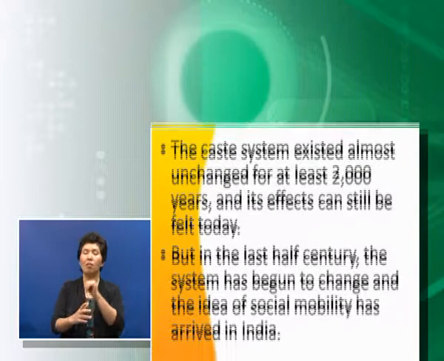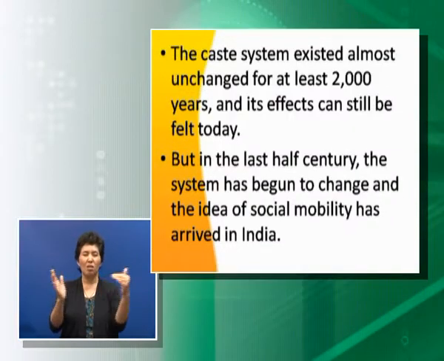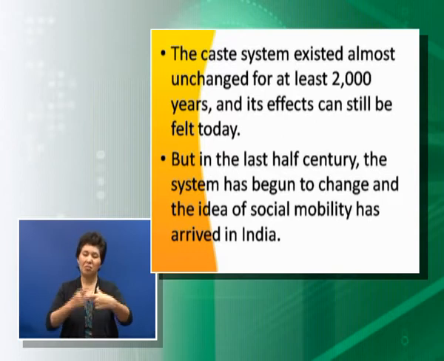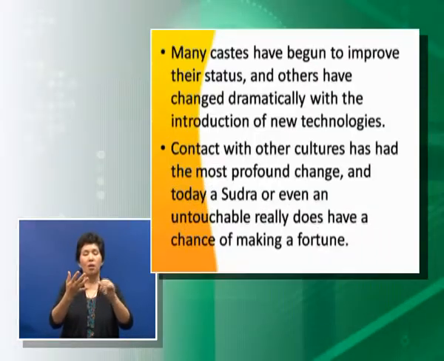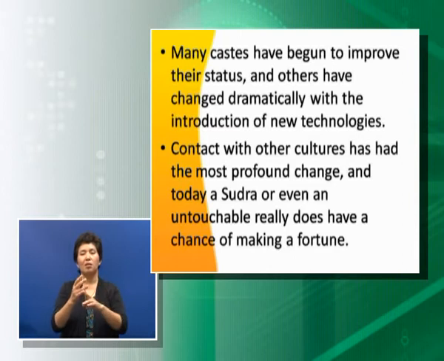So the caste system existed almost unchanged for at least 2,000 years, and its effect can still be felt today. But in the last half century, the system has begun to change and the idea of social mobility has arrived in India. We can see the changes nowadays, and many castes have begun to improve their status, and others have changed dramatically with the introduction of new technologies.